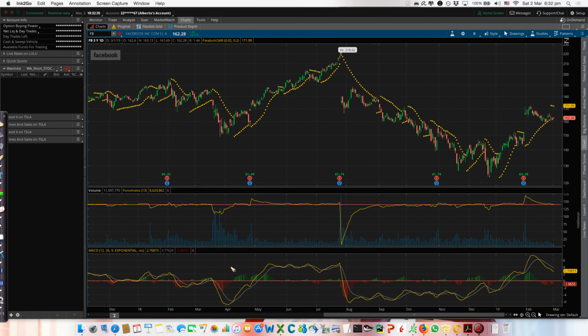Some people also use the crossing of the yellow line with this reference line. So this is the reference line, right? For example, you can see that here the yellow line was below this reference point, and then it crosses above. So some people use this as a bullish indication, and when the yellow line is going from above to below the reference line, as a bearish indication. I don't use that. Why?